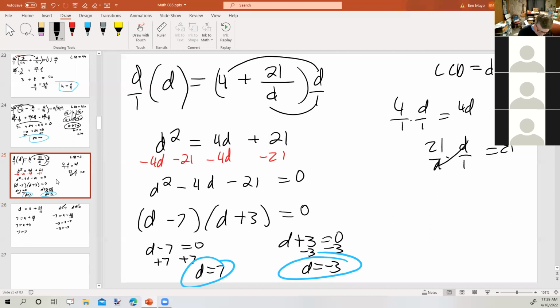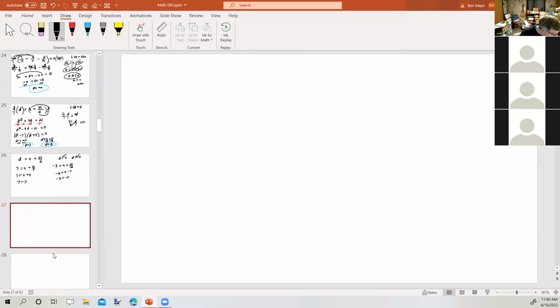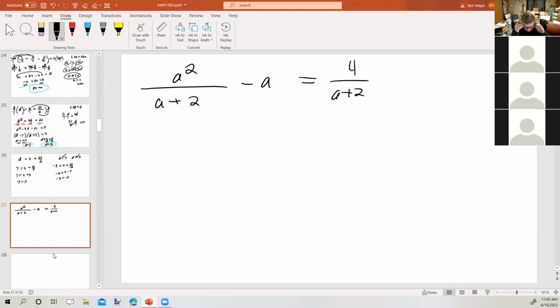Okay, let's take a look at this equation. a squared over a plus 2 minus a equals 4 over a plus 2. So the LCD here is a plus 2. Is everybody okay with that?